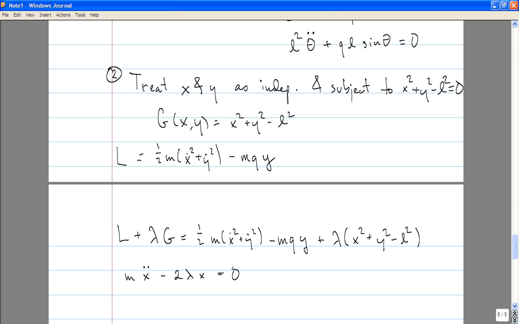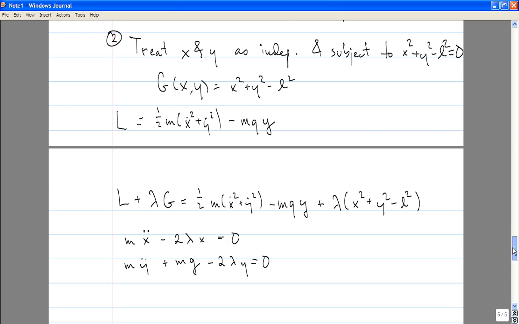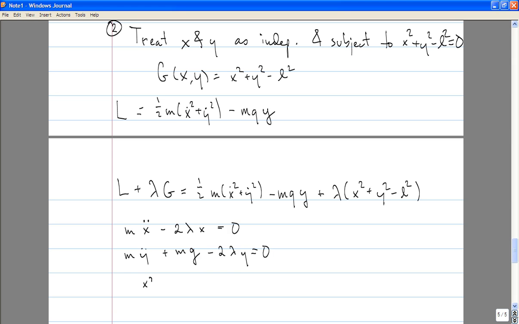The y equation is m y double dot. Then there's the term coming from the derivative of mgy with respect to y, so plus mg, and finally minus 2 lambda y is equal to 0. And finally, we must impose the constraint that x squared plus y squared is equal to L squared. And these are viewed as 3 equations for lambda, x, and y.